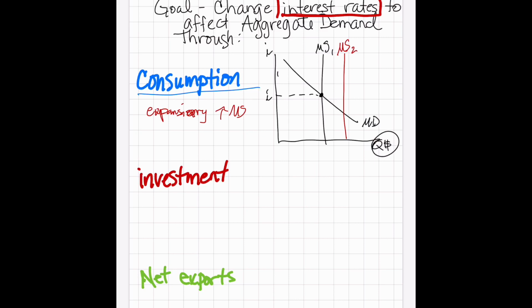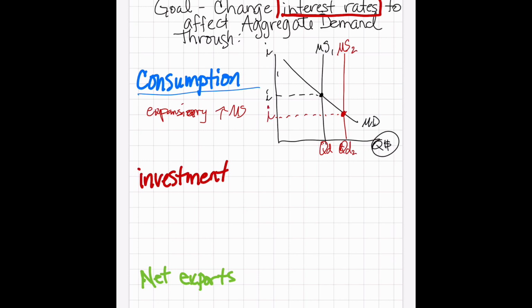When that money supply shifts out, notice that it moves along that money demand curve. And you can realize pretty easily that if money becomes cheaper for use by consumers, they're going to want more of it. So the quantity demanded increases. So here's the original quantity demanded. Here's the new quantity demanded. So more money is demanded.